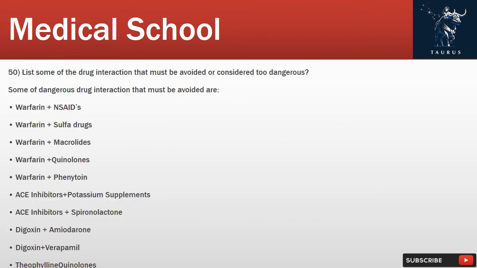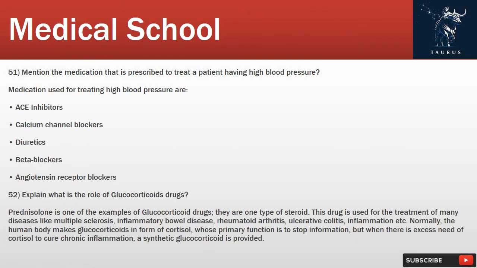50. List some of the drug interactions that must be avoided or are considered too dangerous. Some dangerous drug interactions that must be avoided are warfarin plus NSAIDs, warfarin plus sulfate drugs, warfarin plus macrolides, warfarin plus quinolones, warfarin plus phenytoin, ACE inhibitors plus potassium supplements, ACE inhibitors plus spironolactone, digoxin plus amiodarone, digoxin plus verapamil, theophylline plus quinolones. 51.